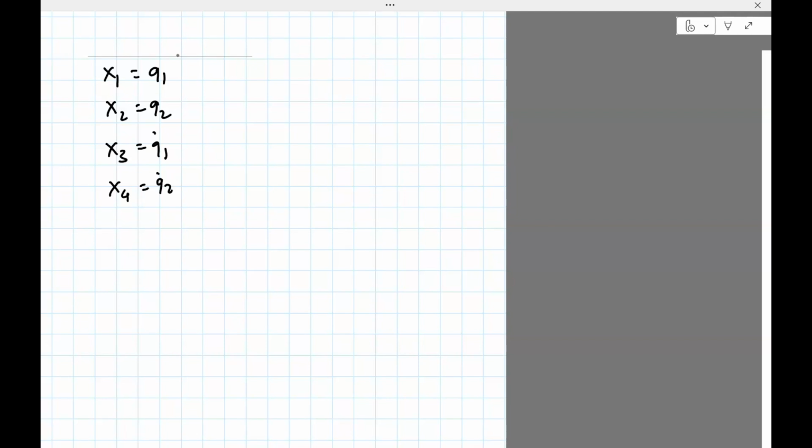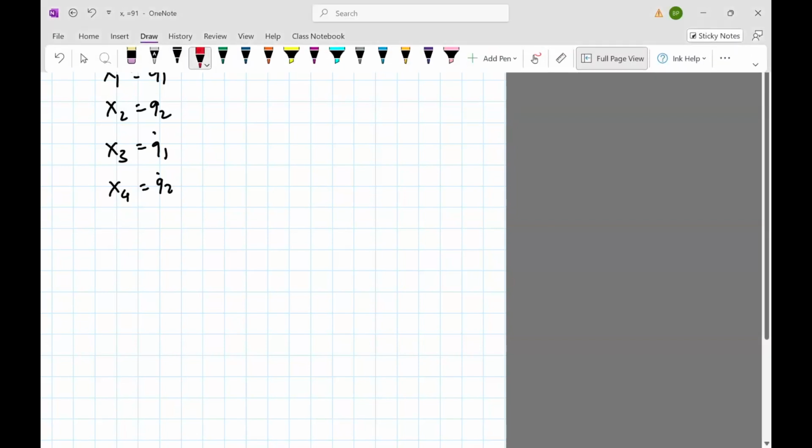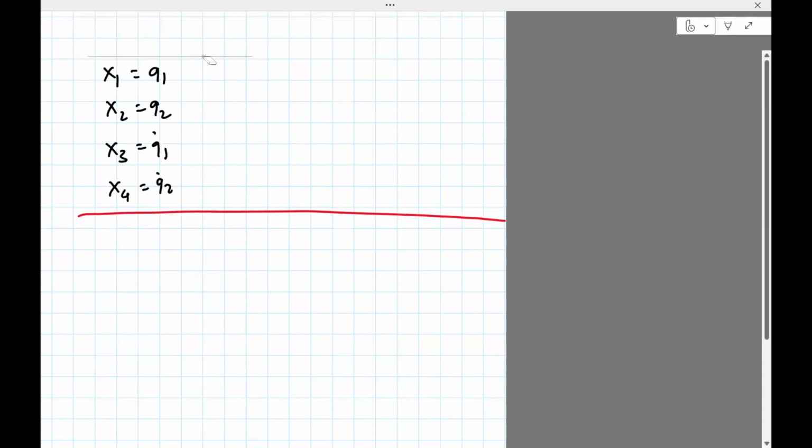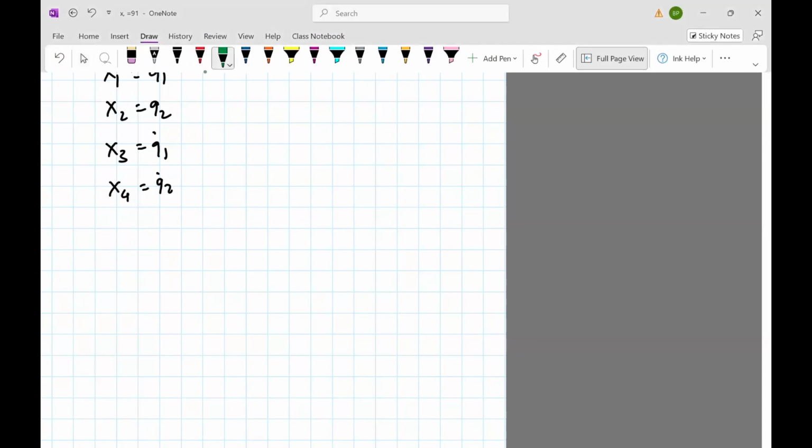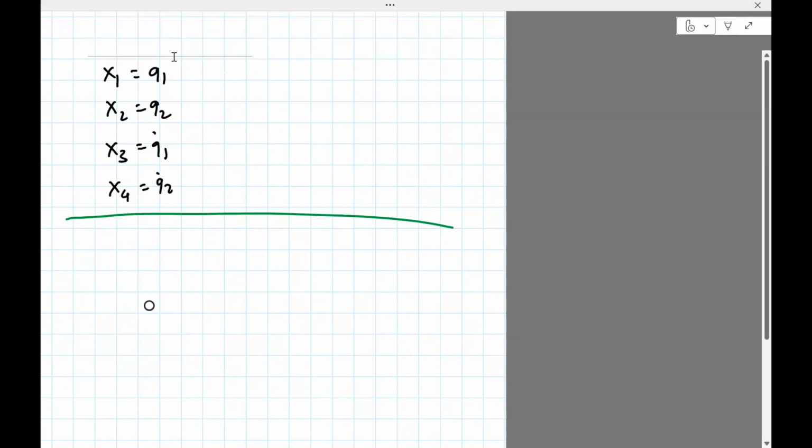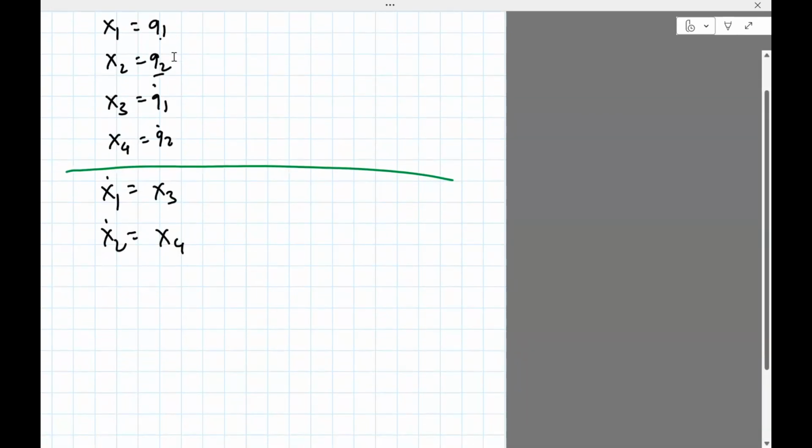Once we've identified these variables, we have to write the equations now only in terms of x's, not in terms of q. So x1 dot is q1 dot, but q1 dot is x3. x2 dot is q2 dot, but q2 dot is x4. That takes care of those two equations.